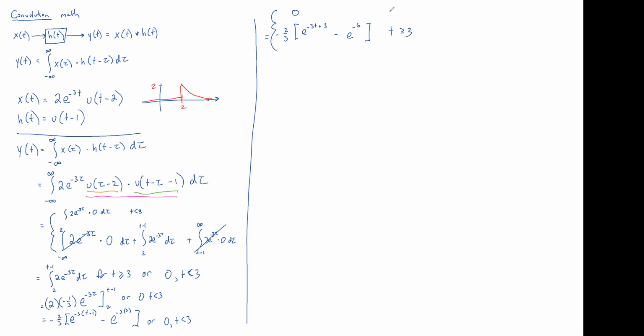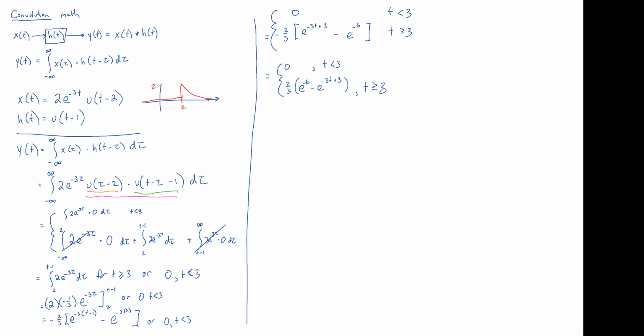Or it's equal to 0 for t less than 3. See, I can get rid of that minus sign by flipping the order here. Not much I can do algebraically to simplify it beyond that.